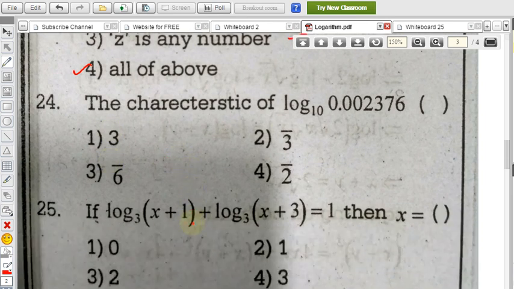So characteristic of log 10 to the base 10 of 0.002376. So one formula I'll tell you here.